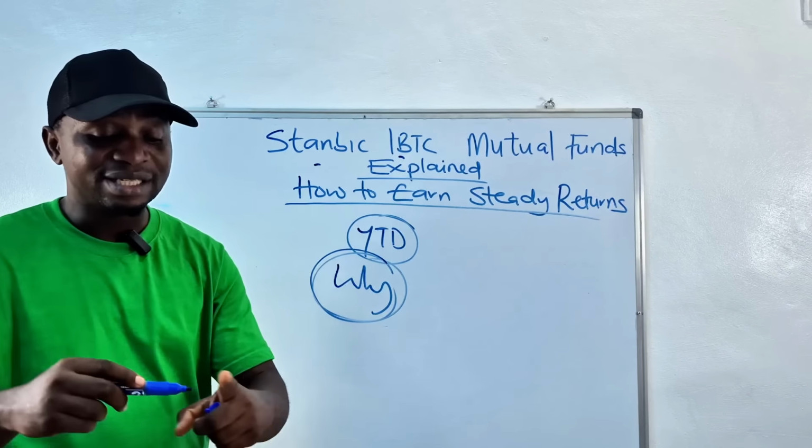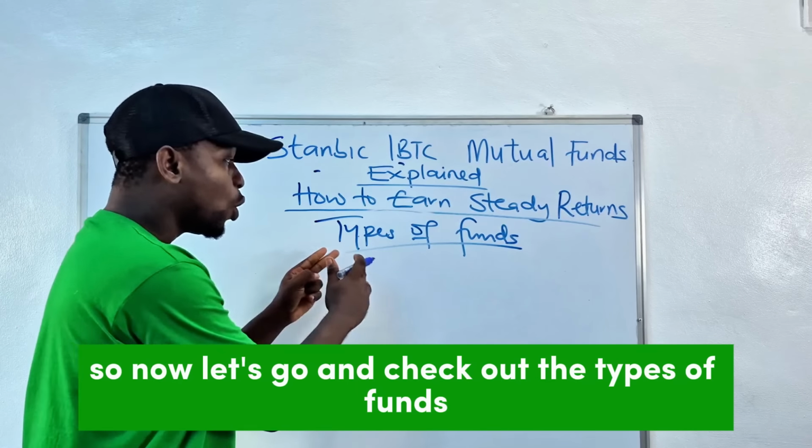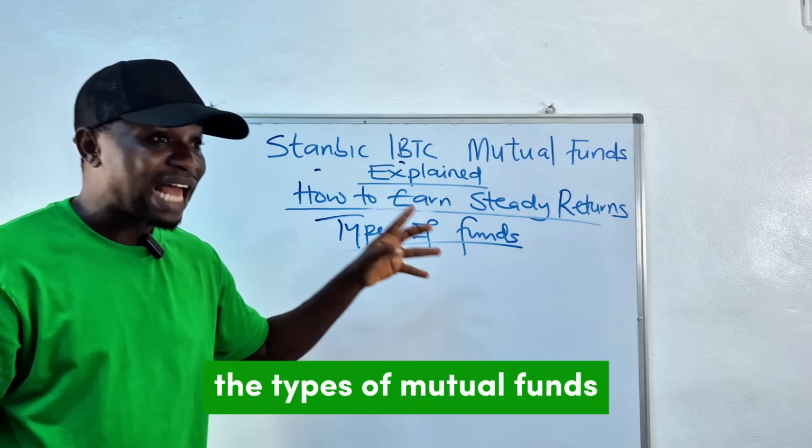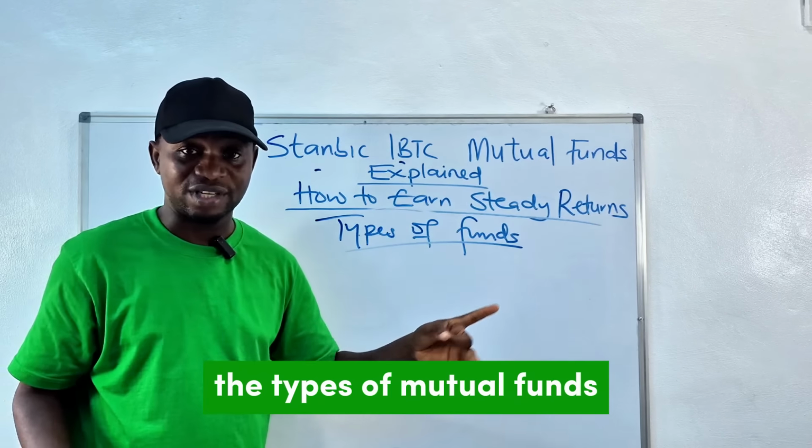They offer multiple mutual funds that fit different investors' goals. So now, let's check out the types of mutual funds, how each fund works, who the fund is for, and what the returns look like. You'll be able to choose which one is the best for you.